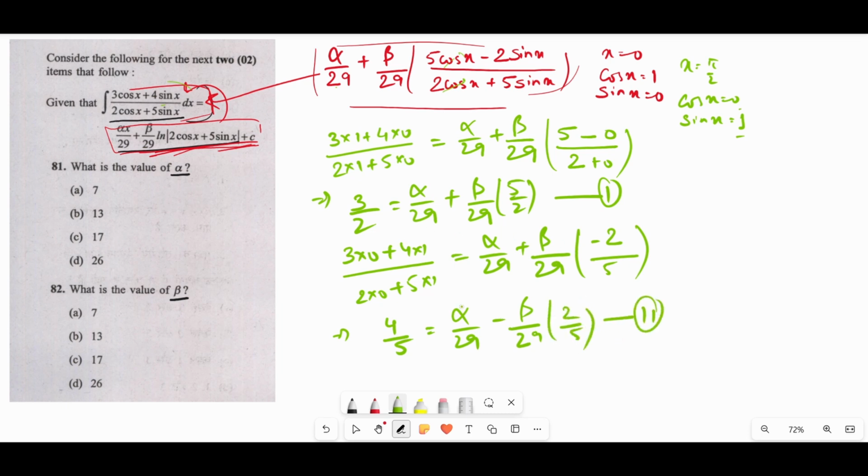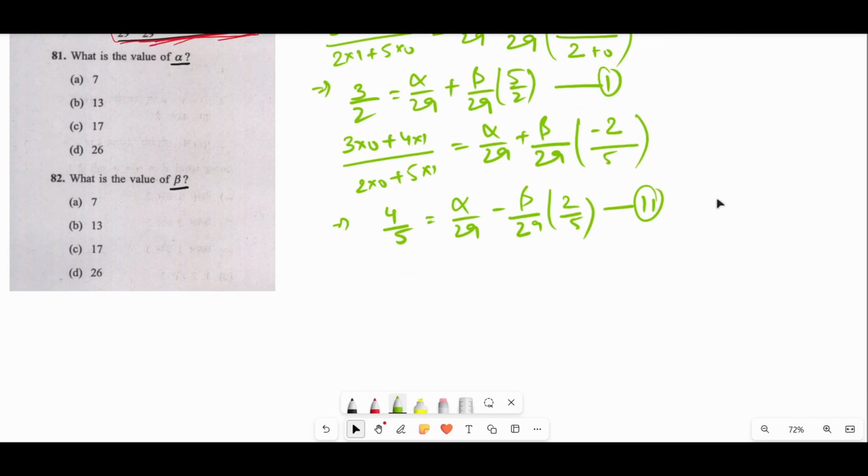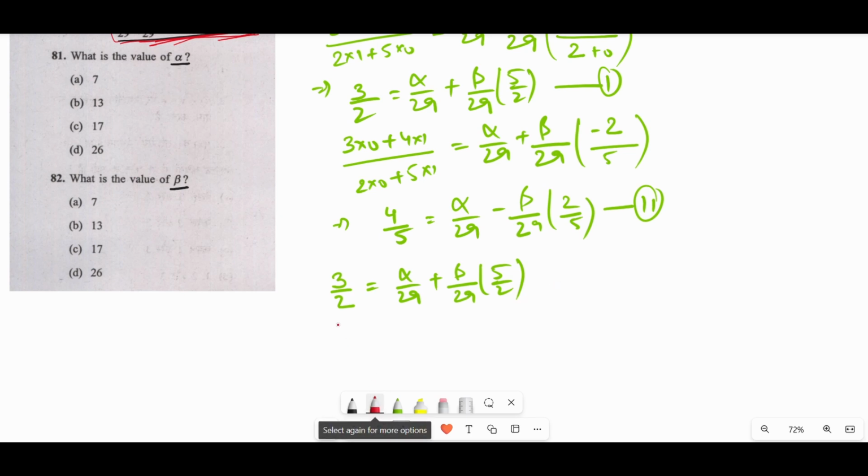Now we have two equations, both in terms of alpha and beta, and we just need to solve this to find the answer. So let's just take these two equations now. So we have 3 by 2 is equal to alpha by 29 plus beta by 29 into 5 by 2, and the other equation is 4 by 5 is equal to alpha by 29 minus beta by 29 into 2 by 5, right?